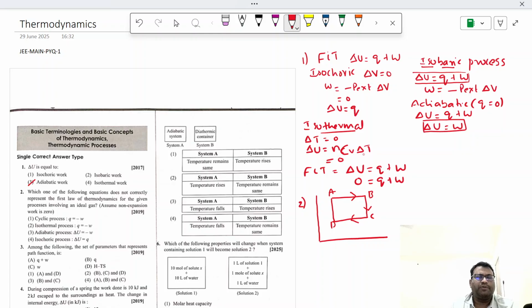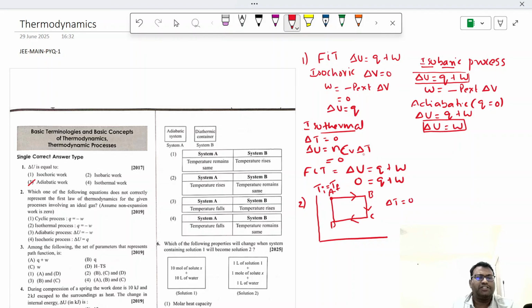So in the cyclic process, initial temperature is T initial. After certain steps, again the initial state of the system is regained. That means initial temperature is equal to final temperature. That means delta T is equal to 0.